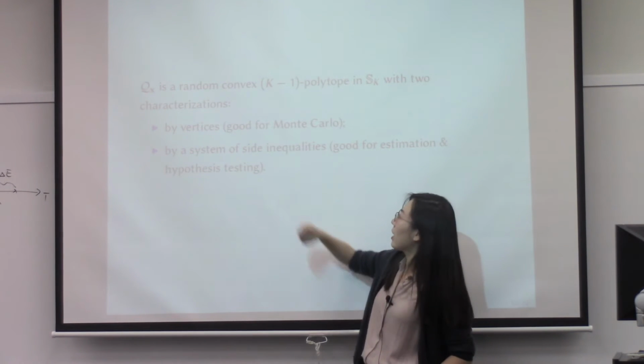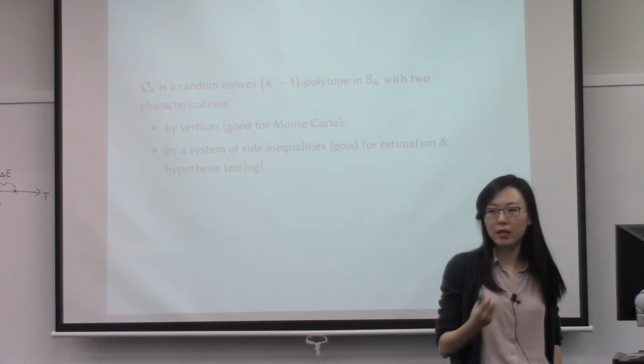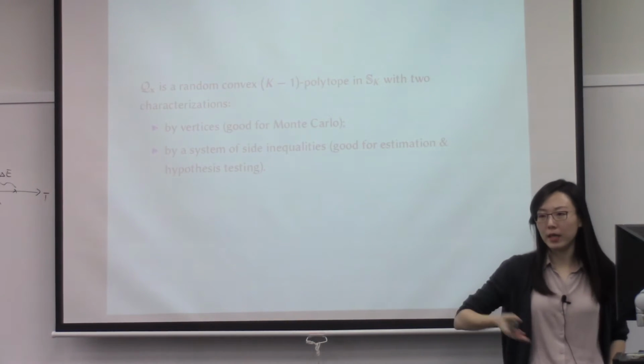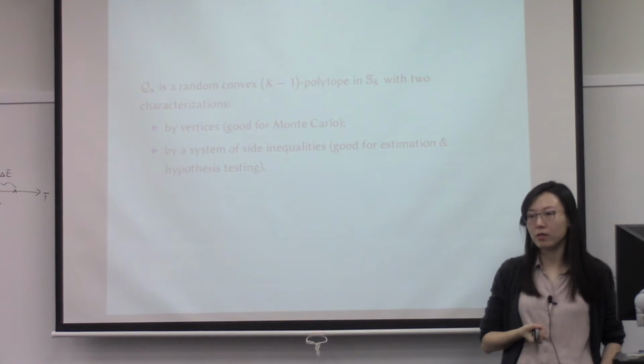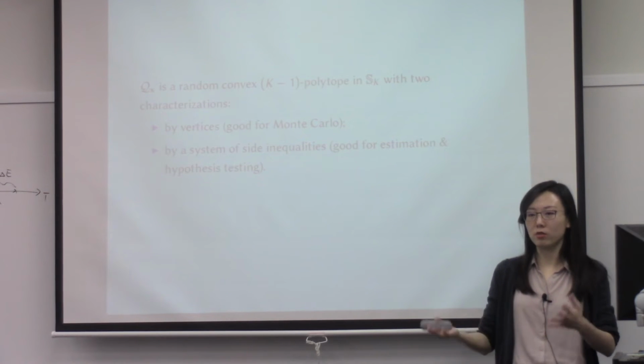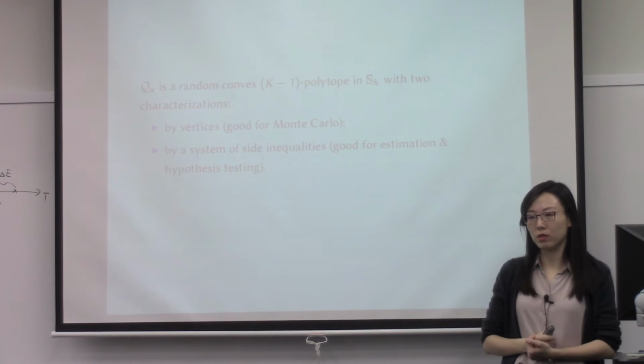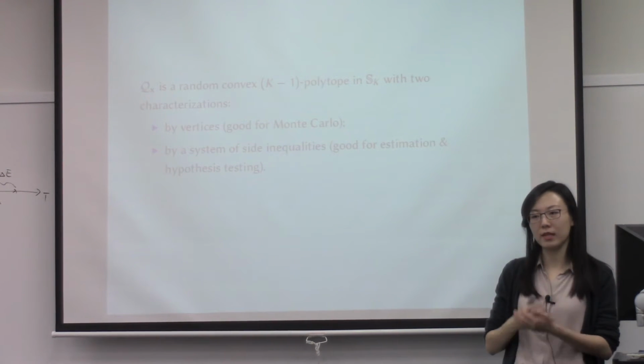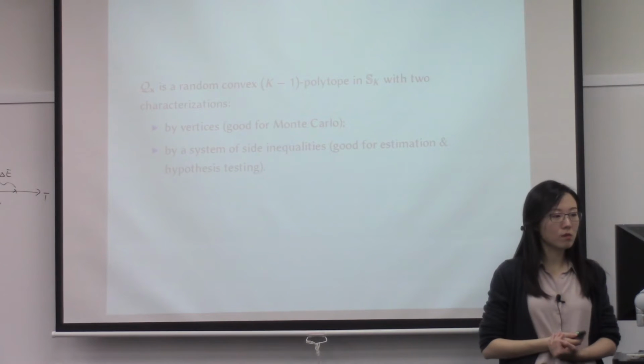We also know how to characterize each Q(x), the random polytope, by a system of side inequalities, and this is very good for telling apart whether the polytope is covering or not covering certain points, and this will in turn give us results on one and two sample tests and test statistics and so on.